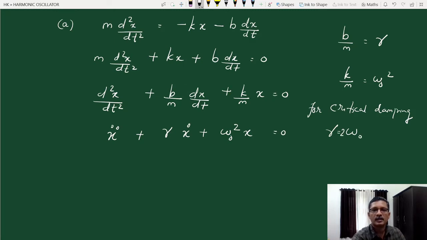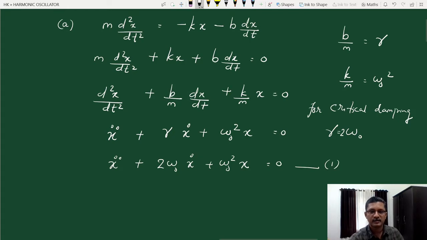So for critical damping, let us put that condition, and we get x double dot plus twice omega 0 x dot plus omega 0 square x equal to 0. This is our equation of motion for the critical damping case. The one above is the general equation of motion for a free damped harmonic oscillator without any driving force.